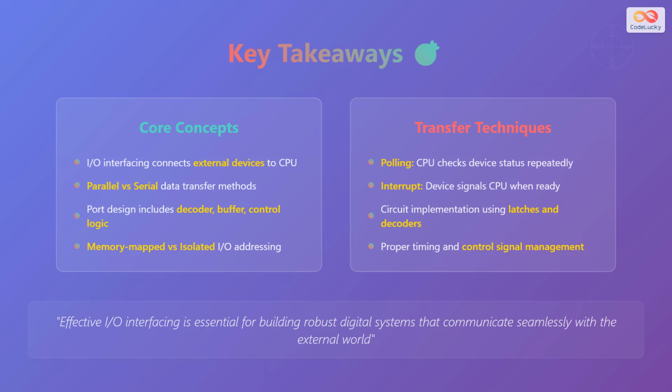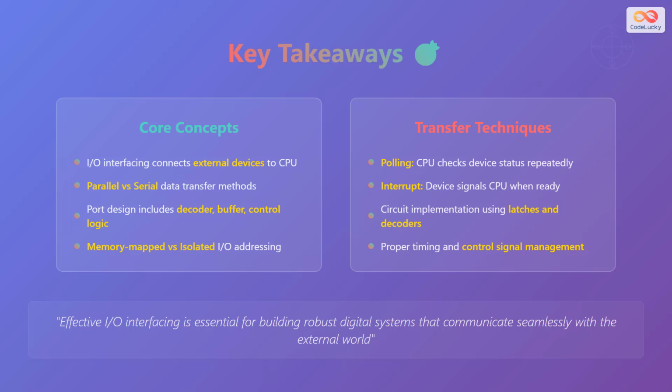In summary, input-output interfacing connects external devices to the central processing unit, utilizing parallel versus serial data transfer methods. Port design includes a decoder, buffer, and control logic, employing either memory-mapped or isolated input-output addressing.